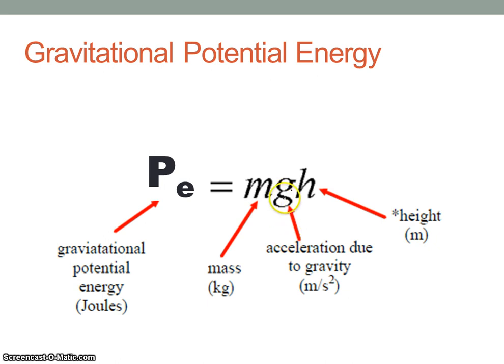So this g is going to be that same g that we used in previous units, and it will be represented with a 10 meters per second squared. Because if you lift something above the ground, if you give it height and it has mass, there is a gravitational force on it. So you've basically given it stored potential energy based on its position above the ground.